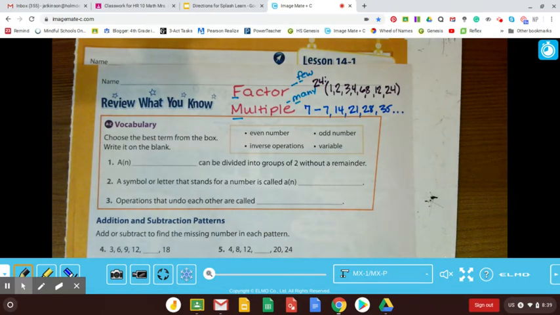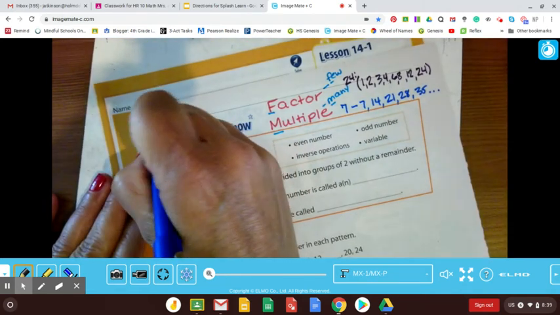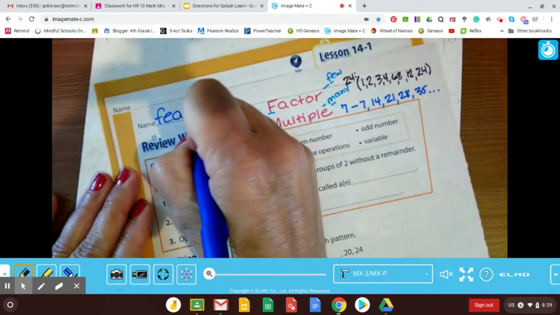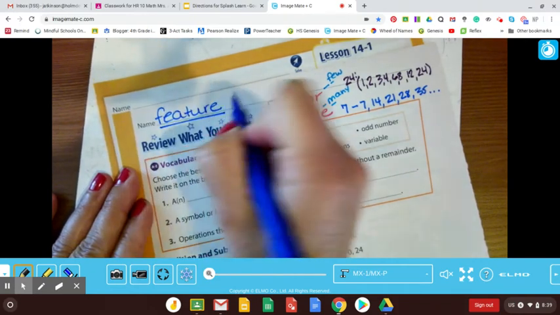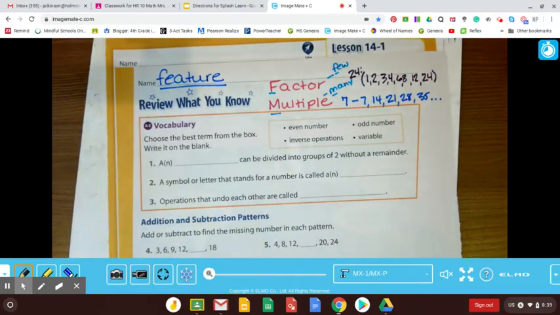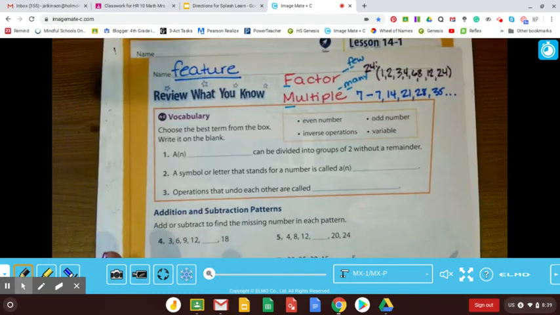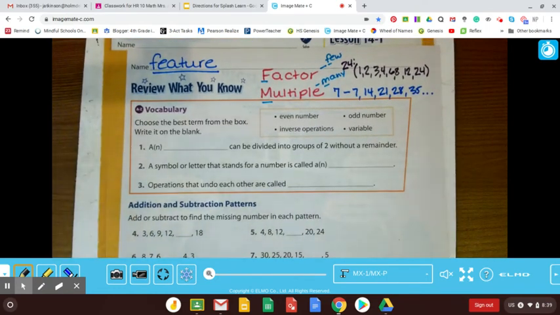Another word that we're going to be learning about in this topic is the word feature. I'd like you to write that on the top of your page somewhere. Feature. And a feature is just an attribute that something has. Like one of your features might be that you have brown hair, or one of your features might be that you have blue eyes, or that you have a long nose, or that you have freckles.